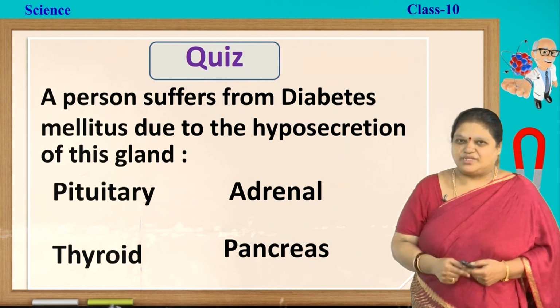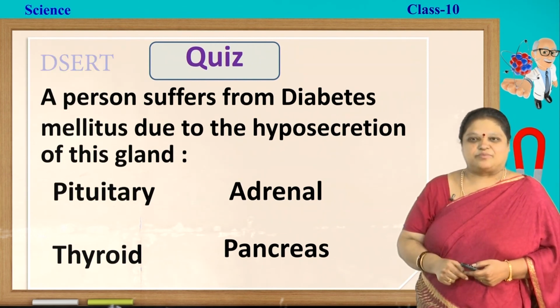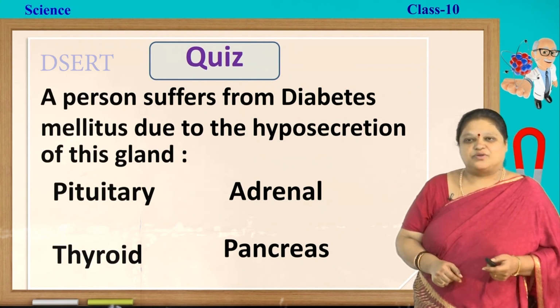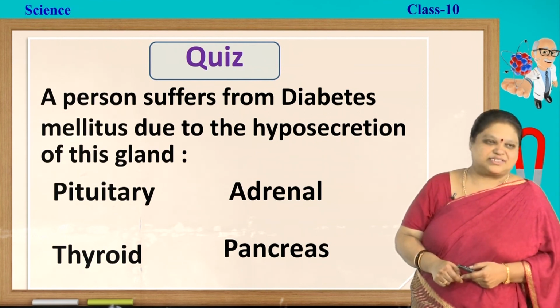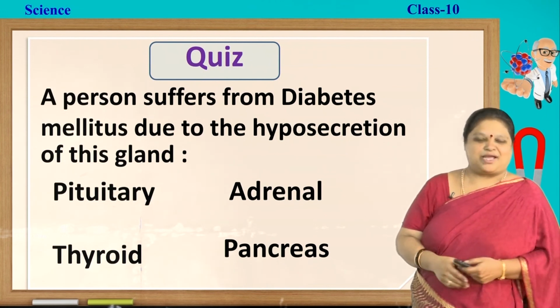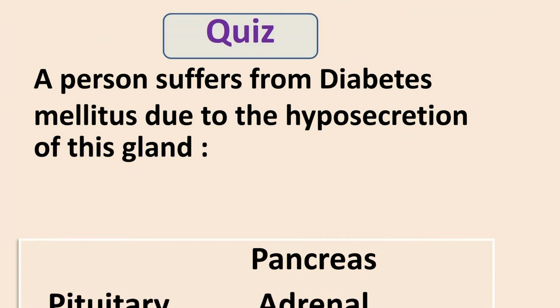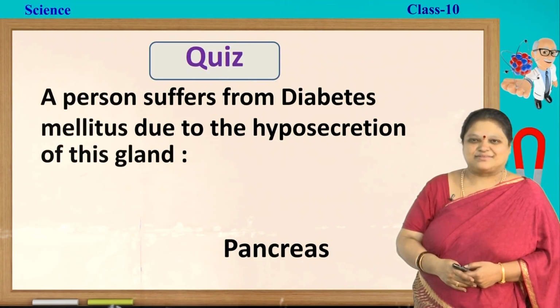So, it is quiz time. I want you to think and answer. A person suffers from diabetes mellitus due to the hyposecretion of this gland: pituitary, adrenal, thyroid or pancreas. So, the answer is pancreas.